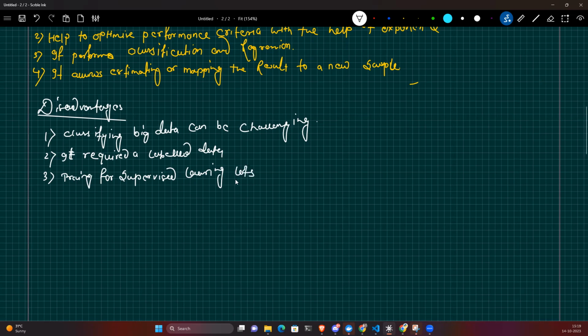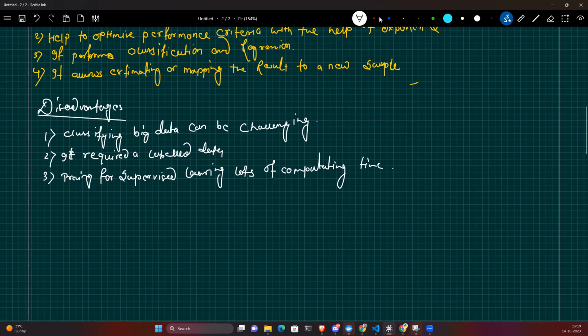Actually, this will be applicable for all the processes, but it's a disadvantage. If you train a deep learning model, it will take more time than this. So lots of computation time. Okay, so these are the disadvantages.